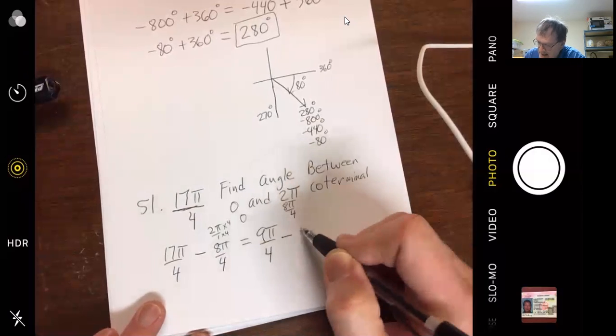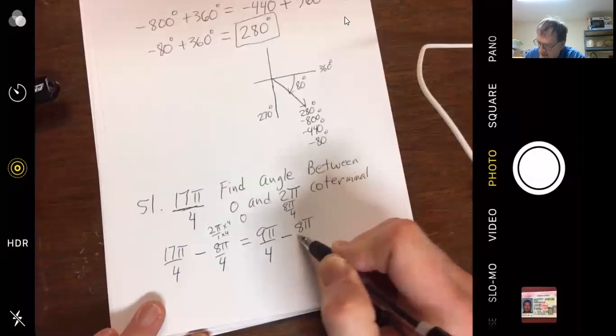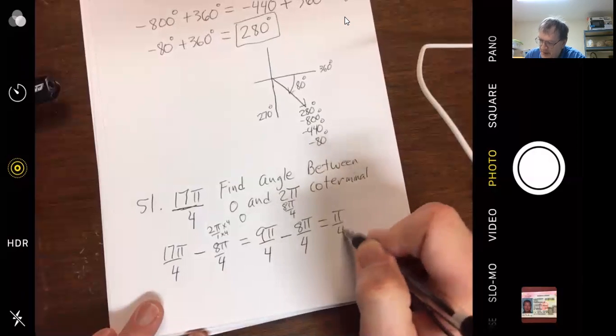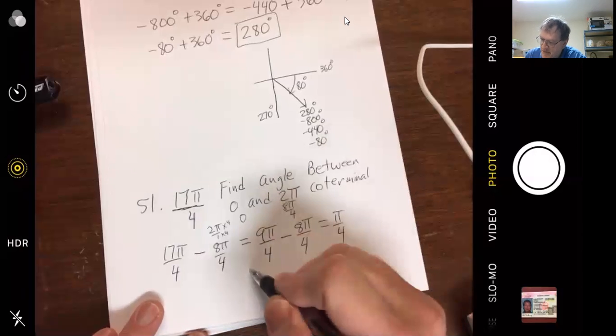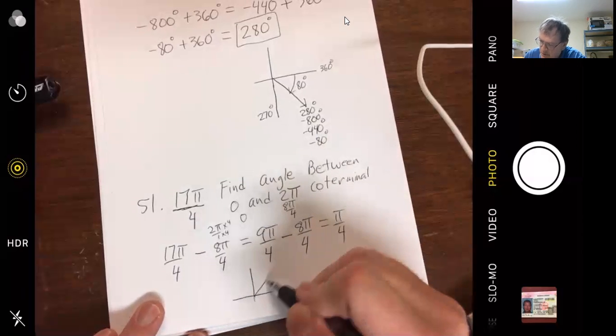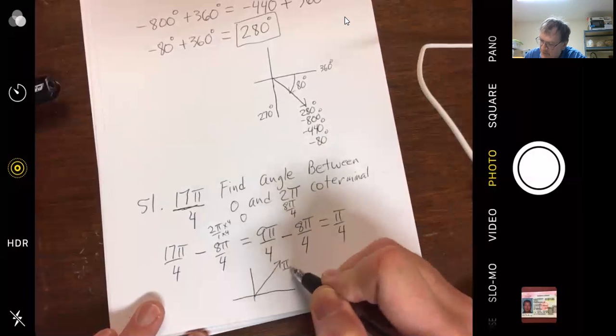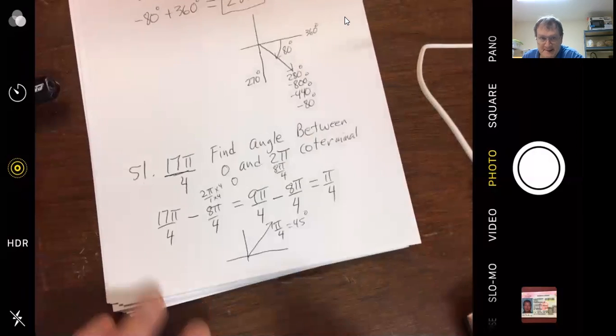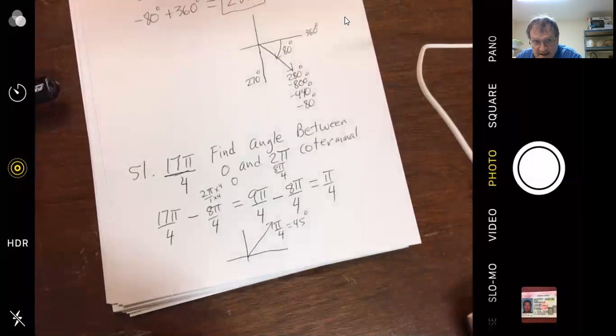So once again, 9 pi over 4 minus 8 pi over 4, a full circle, and you'd be at pi over 4. So 17 pi over 4 is coterminal with pi over 4 in the first quadrant, which would be equal to 45 degrees. Once again, this makes perfect sense to me.